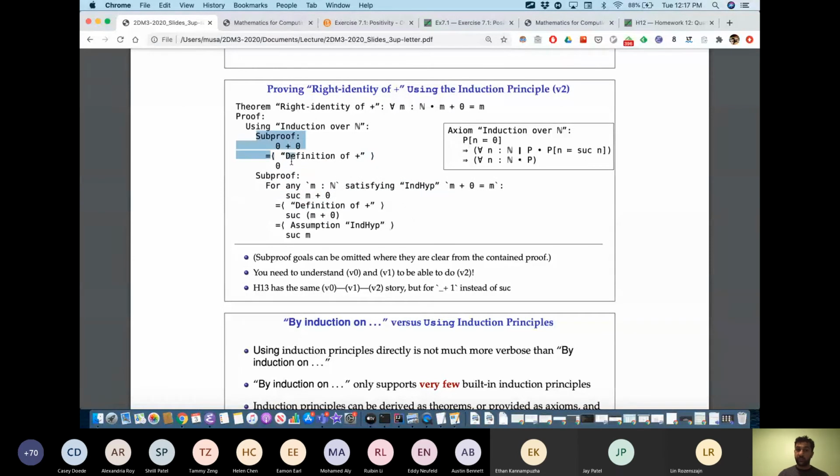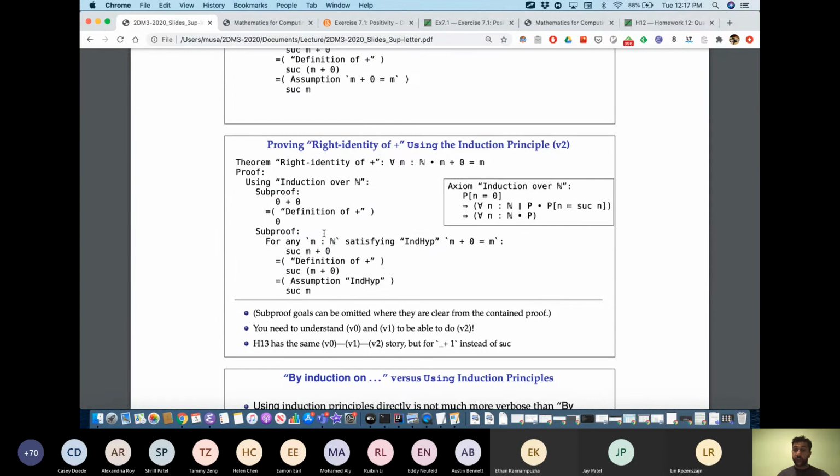Induction says you need a base case and you need an inductive step. To actually use V2, you really need to know how V0 worked. Okay. It will save you a lot of time, but if you don't know what's going on, I highly recommend you avoid doing this approach because you will confuse yourself. But to save you time on the midterm, you really do want to use this approach.